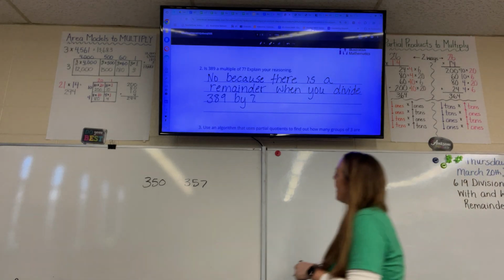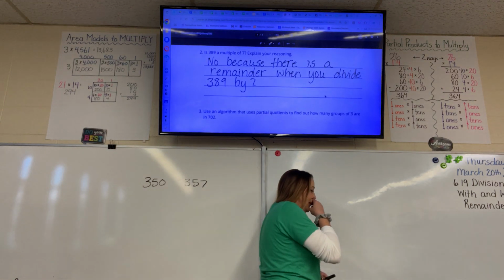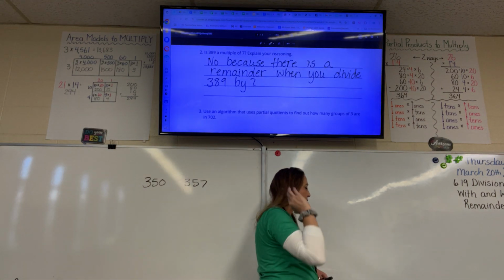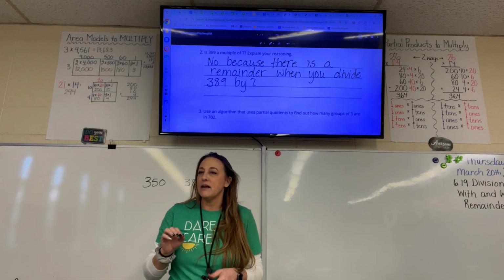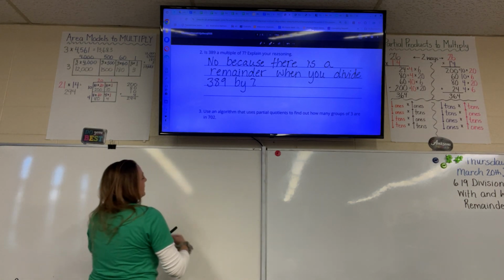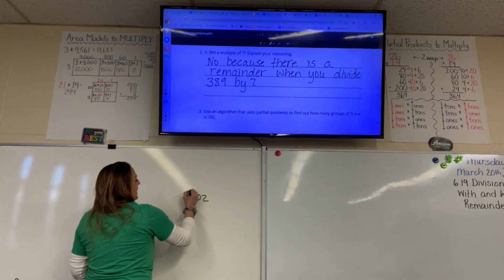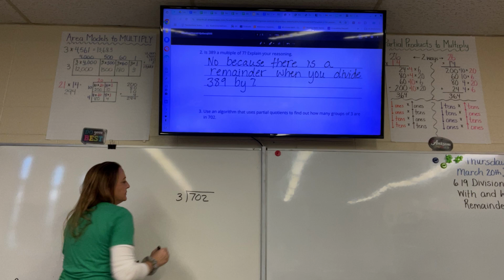Okay. Next it says use an algorithm that uses partial quotients to find out how many groups of 3 there are in 702. All right. So we are going to do 702 divided by 3.